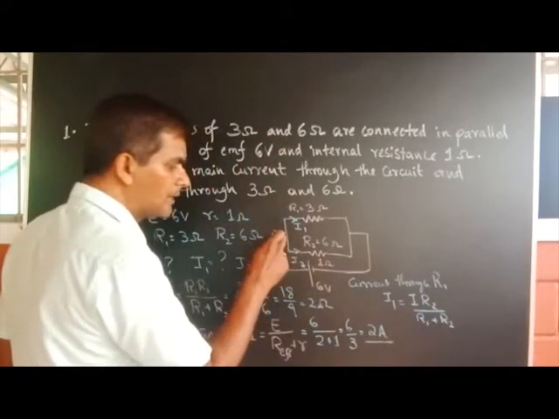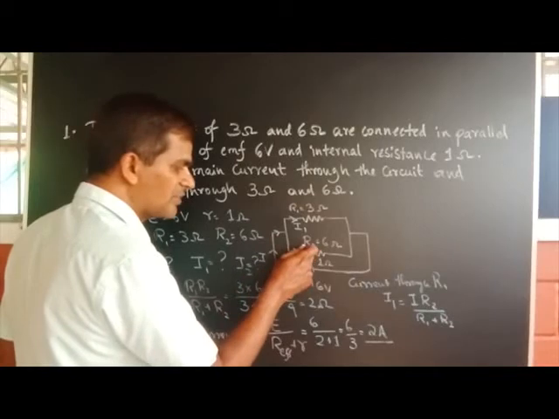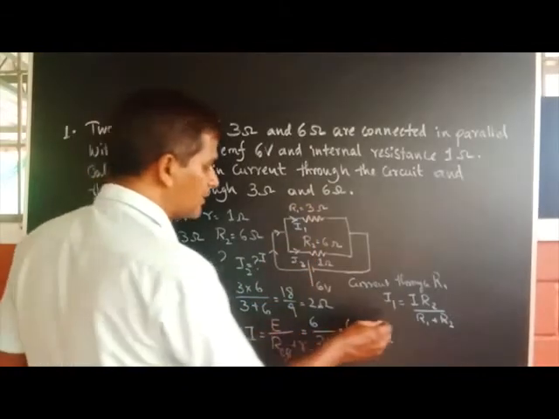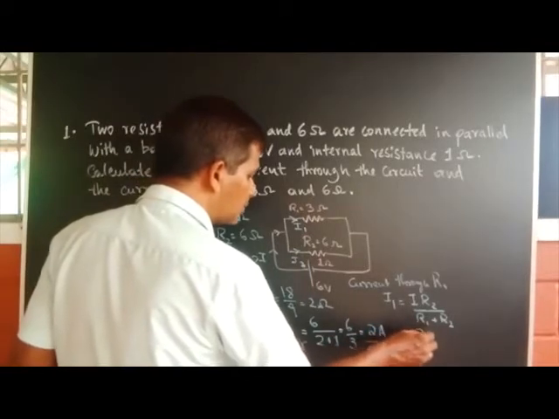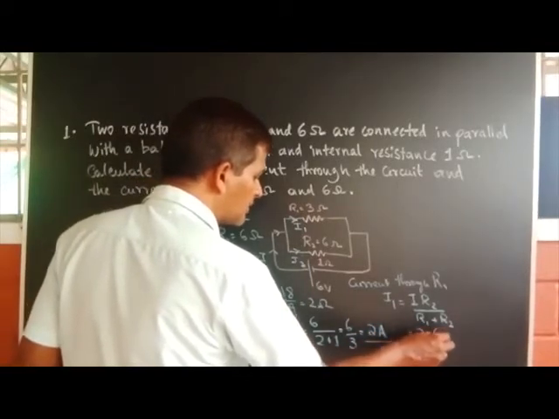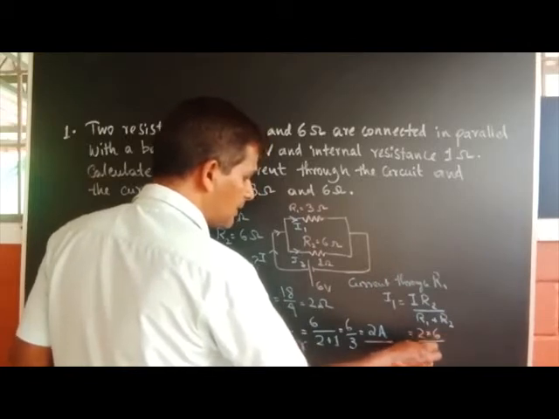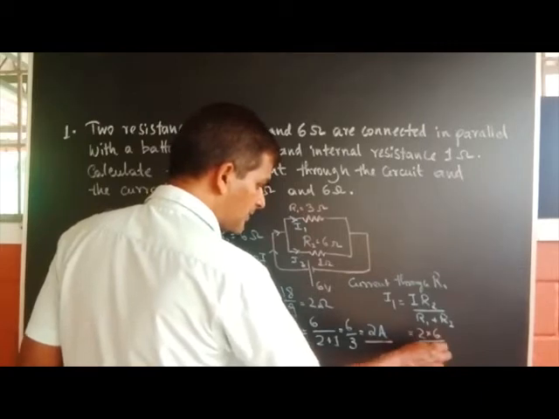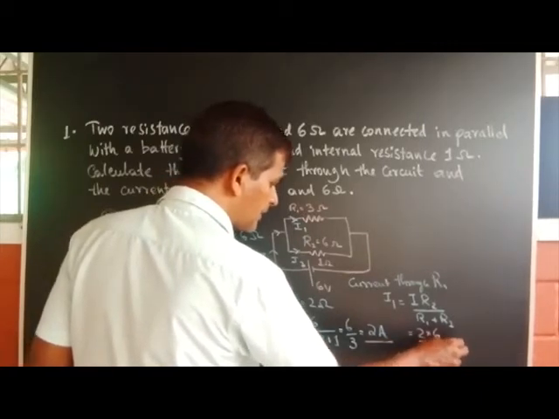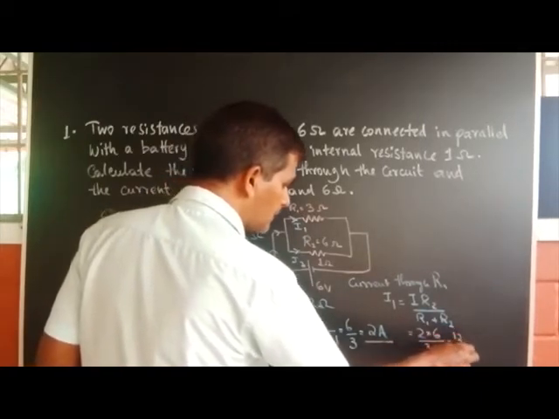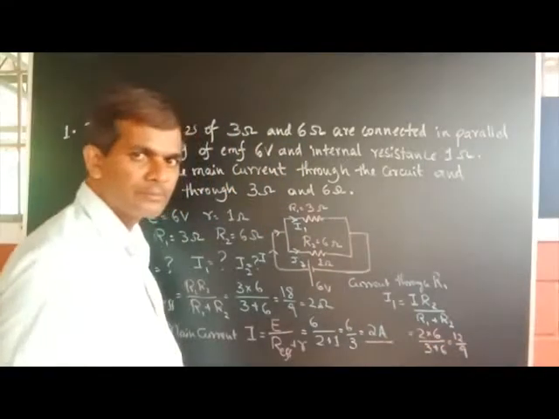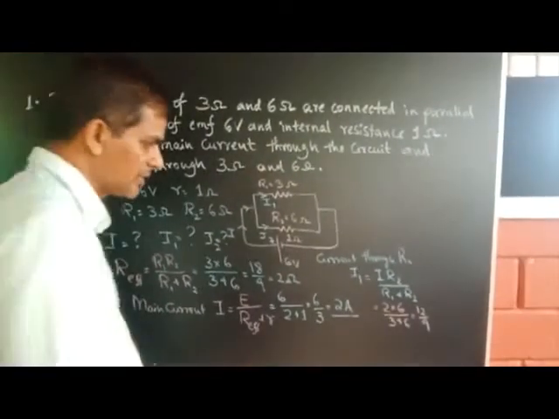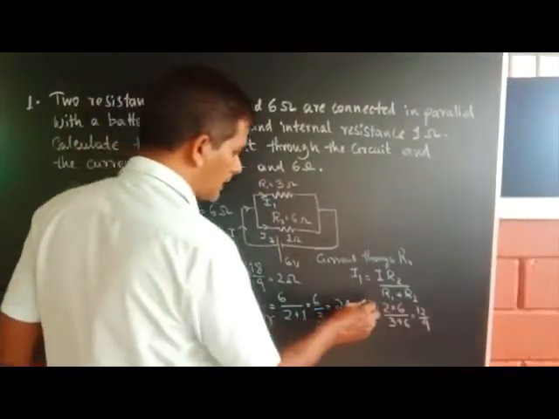This is the formula. So the main current we got is 2, into the resistance in the opposite branch is 6, divided by this 3 plus 6, like that it is 12 divided by 9.